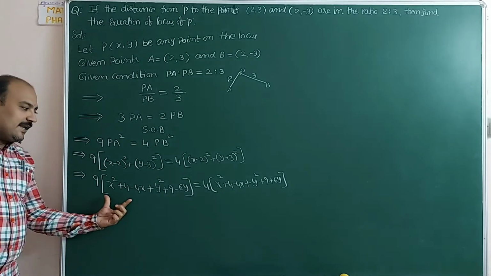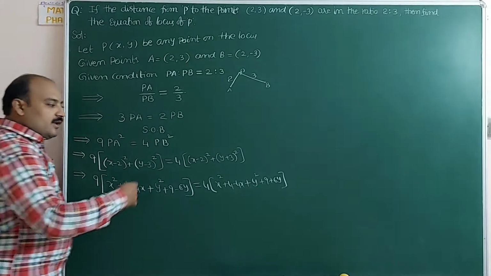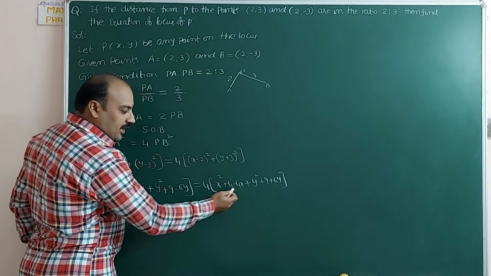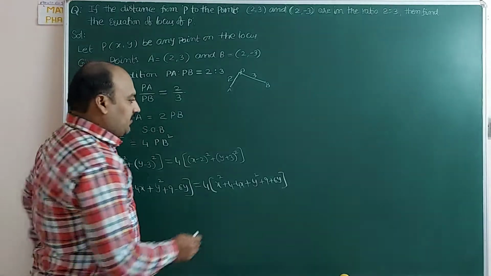After that, multiply each and every term of the LHS by 9 and each and every term of the RHS bracket by 4, and then simplify.